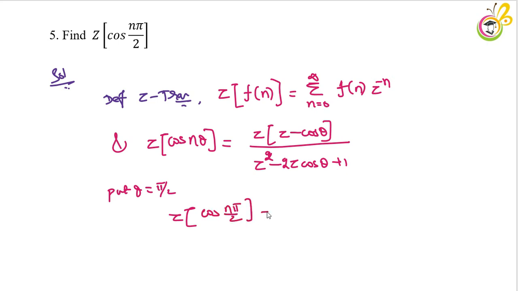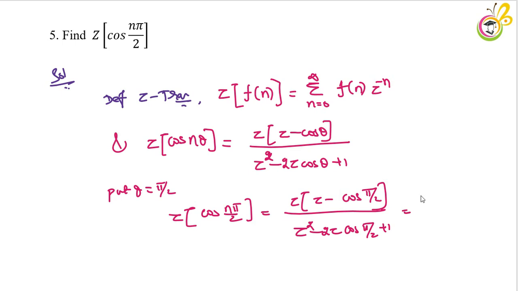Then we get Z of cos n pi by 2 equal to z into (z minus cos pi by 2) divided by z square minus 2z cos pi by 2 plus 1. Which is z into (z minus cos pi by 2), that is cos 90 degrees, 0, and divided by z square, cos 90 degrees is 0, 0 into any term is 0, plus 1.